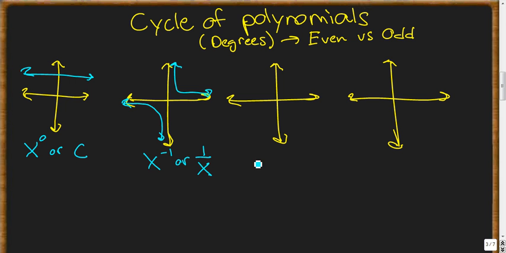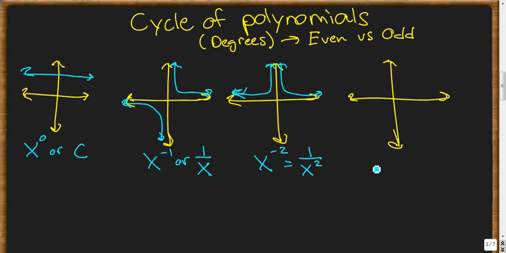Now, when we go to x to the negative 2, because we are squaring, even though we are now in the denominator, we end up with this similar type of graph, but we always have to be positive, right? That's what that's going to look like.